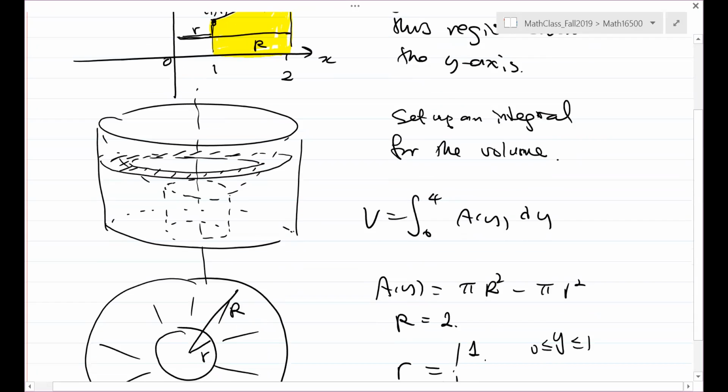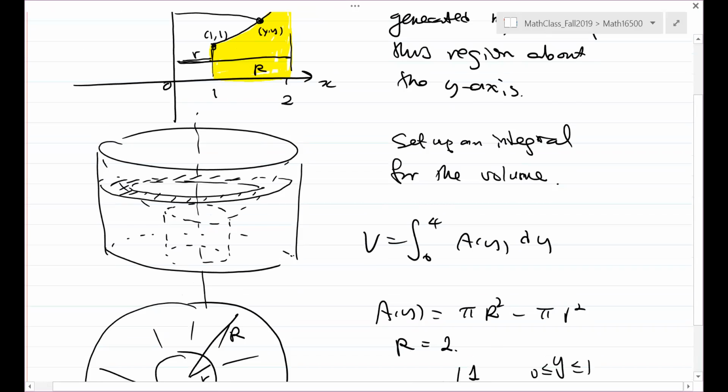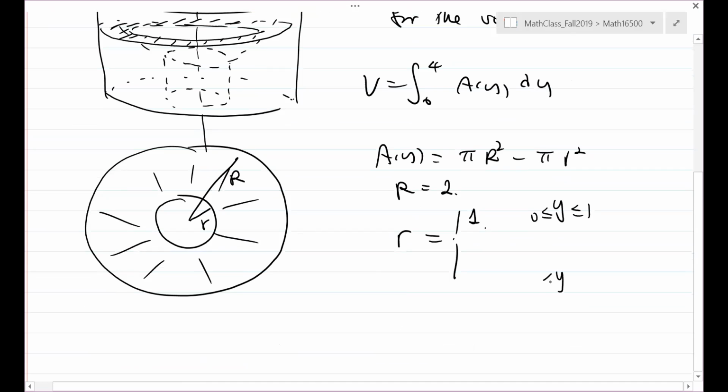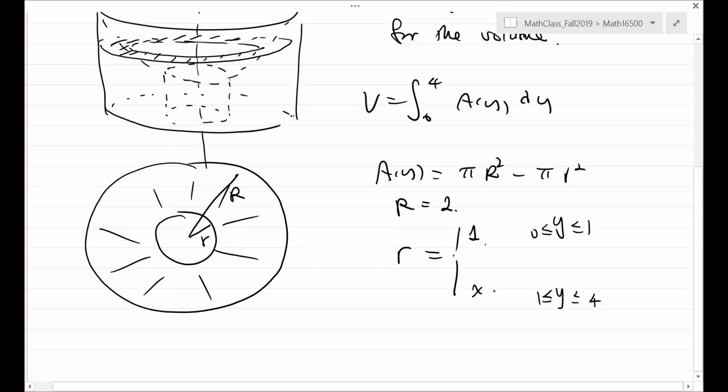If y is between 1 and 4, the little r is going to be the x coordinate of the point. But this is not a function of y. I have to express it in terms of y. So I know y equals x squared, so x is going to be the square root of y.